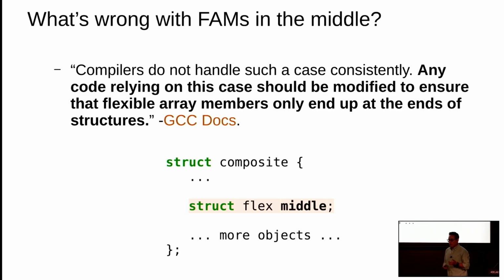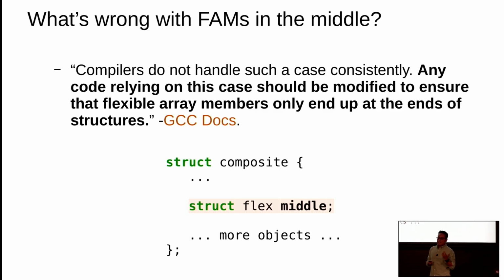Another reason, now from the kernel side, is that, as we were seeing, one of the requirements to use a flexible array member is that it should be the last member of a flexible structure, because otherwise we are going to corrupt any adjacent following members. It is the same case, right?